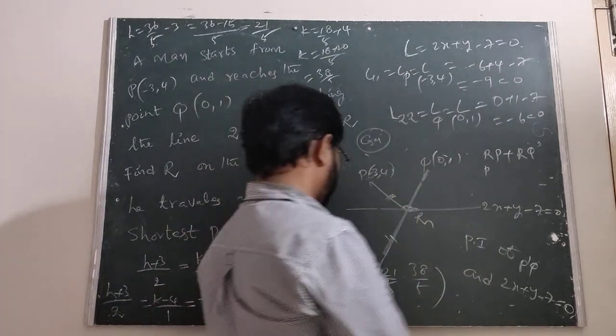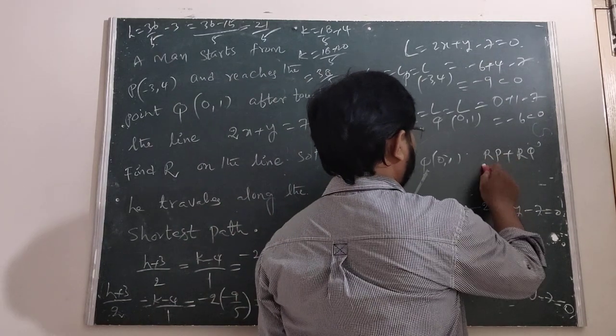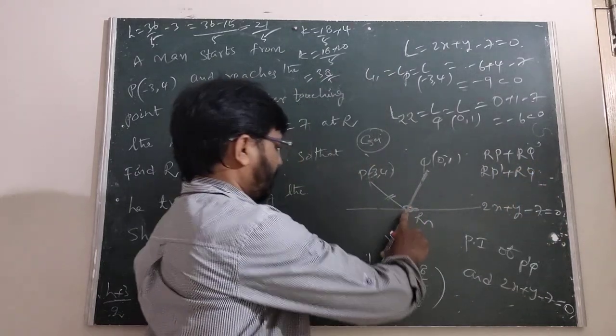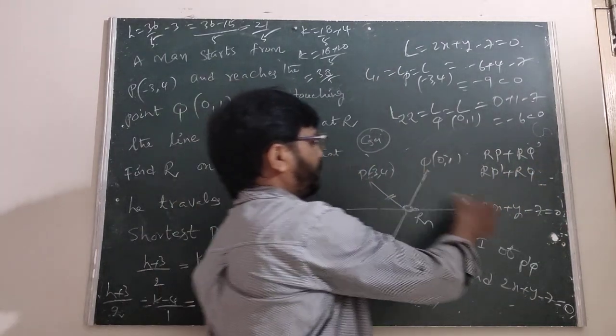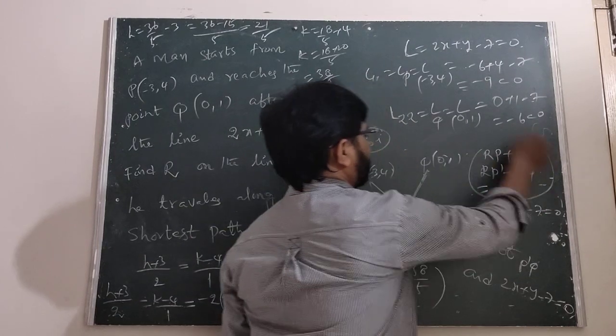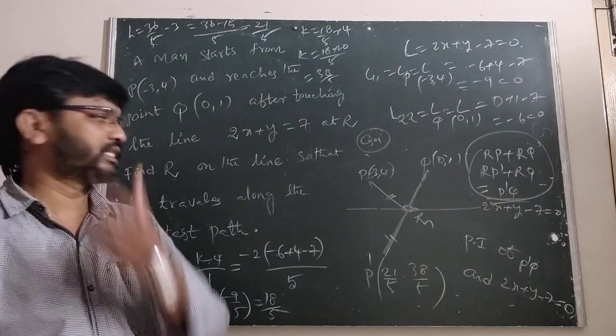Now we can write RP is RP dash, so RP dash plus RQ is P dash Q. That is the shortest distance.